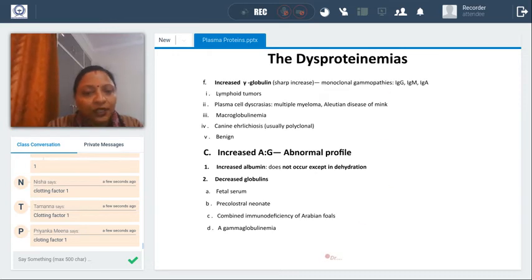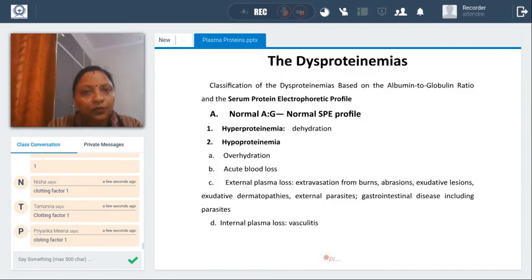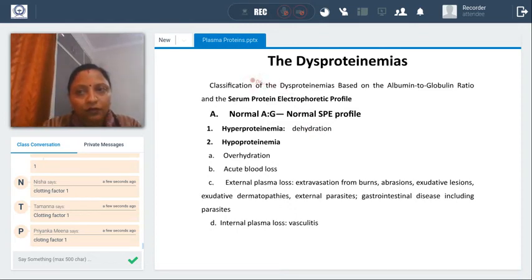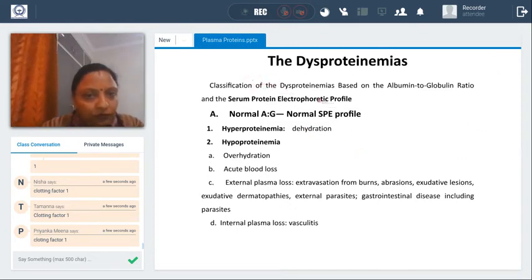So what is dysproteinemia? Please write in the box. What is the definition of dysproteinemia? Abnormal albumin globulin ratio or serum protein electrophoretic profile.